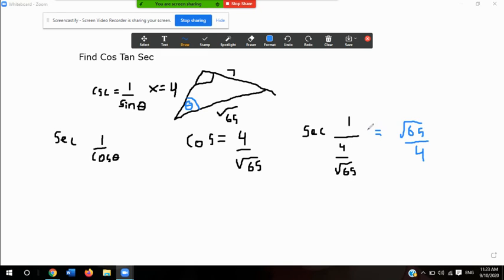And since I moved the 1 down here, that would be over 1. Although your book just skips that step altogether, and with good reason, because it's pretty redundant. Basically, the square root of 65 over 4 divided by 1 is just the square root of 65 over 4. So our final answer is that the secant of z equals the square root of 65 over 4.